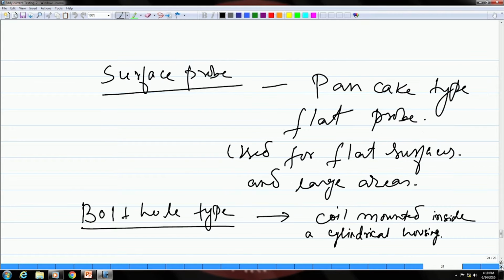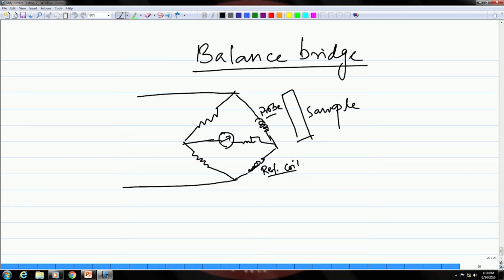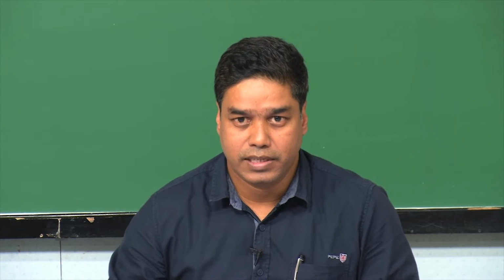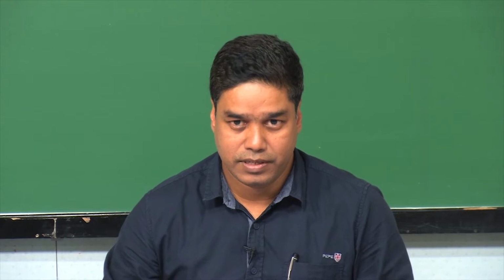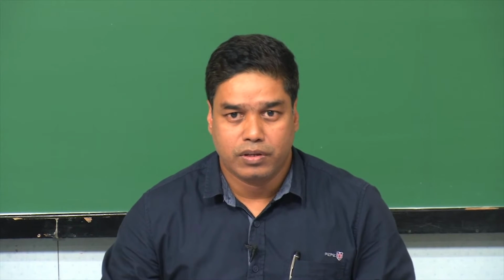Then we also talked about what kind of circuit is used to sense the change through which you can get a signal from the defect, and the balance bridge circuit or the balance bridge method is one of them, through which you can sense the change in the magnetic field, and that is how a signal from the defect is generated and shown on the display screen of the system.